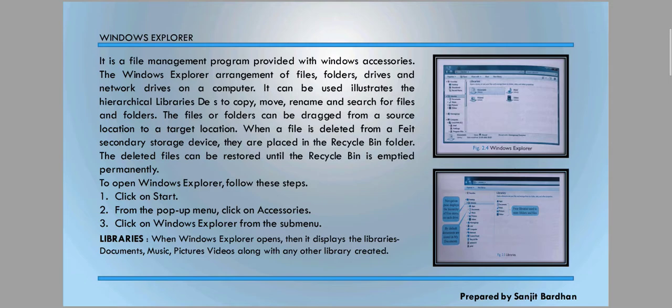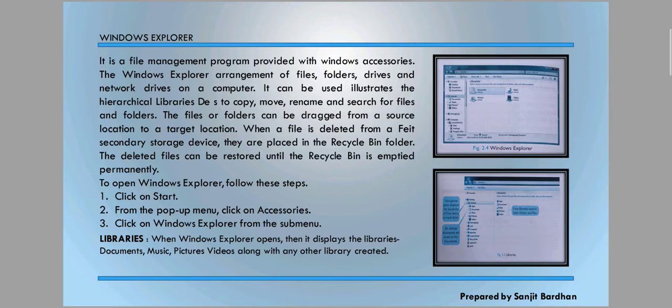The Windows Explorer is a hierarchical arrangement of the files, folders, drives, and network devices on a computer. It can be used to copy, move, rename, and search files and folders. That means we can use the Windows Explorer to find some file, program, and rename, move, copy, etc. These are the uses of Windows Explorer.